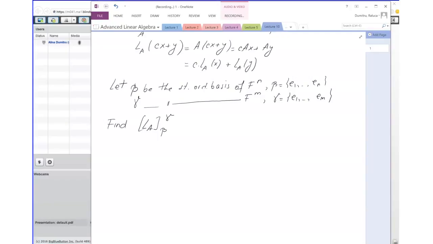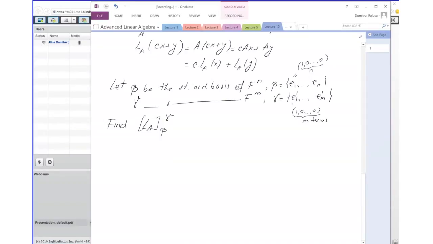But the notation in the standard sense is the same. So E1 here means 1, 0, 0, 0, with all together n terms, and this E1 means 1, 0, 0, 0, but all together m terms. So maybe you want to call them prime, so it's not the same thing.